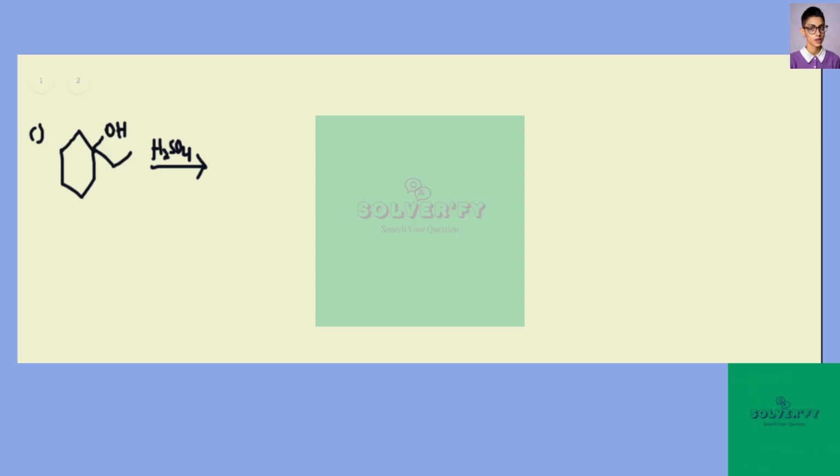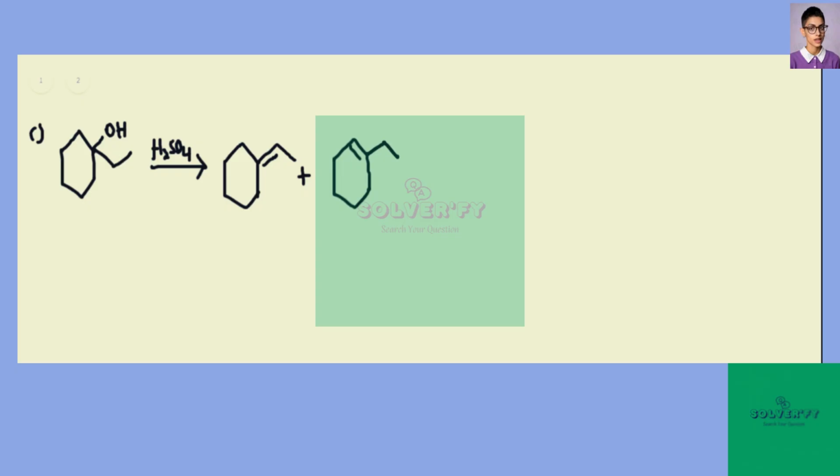And that's going to give us an elimination reaction. And so we're actually going to get a mixture of products here. So we'll get this product, and we'll also get the other elimination product, which would be the double bond inside the ring.